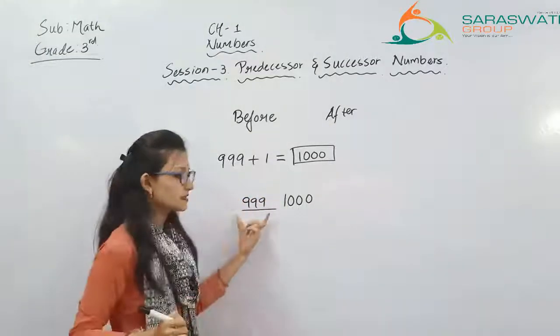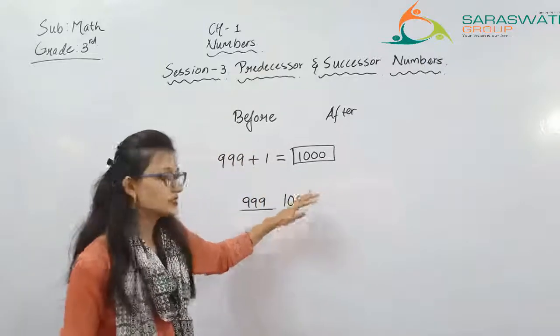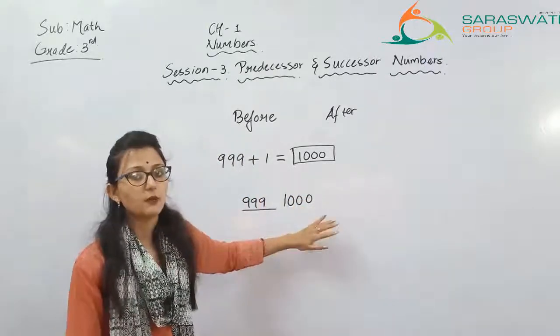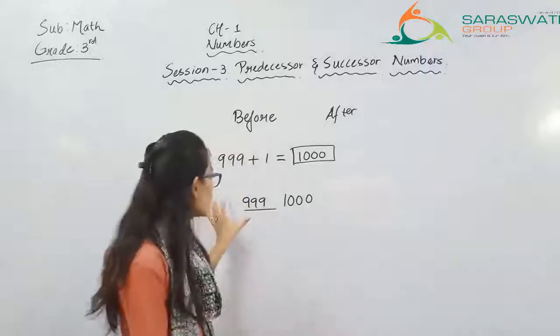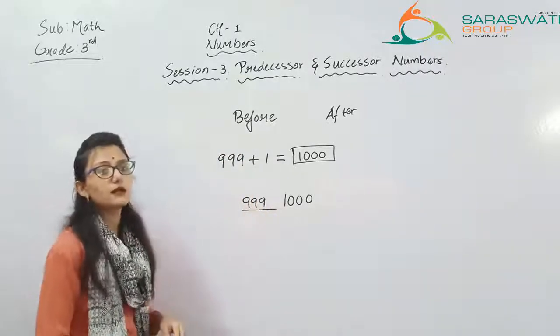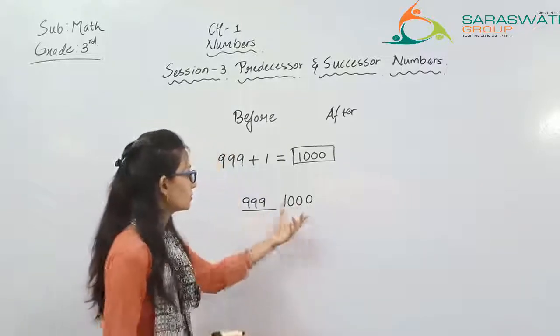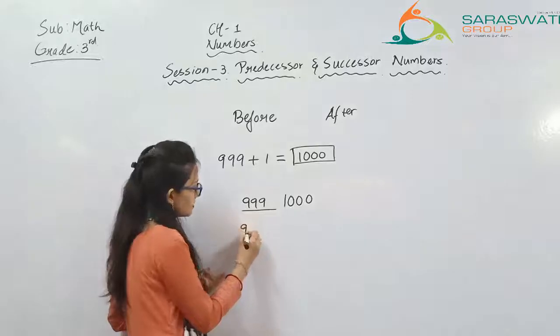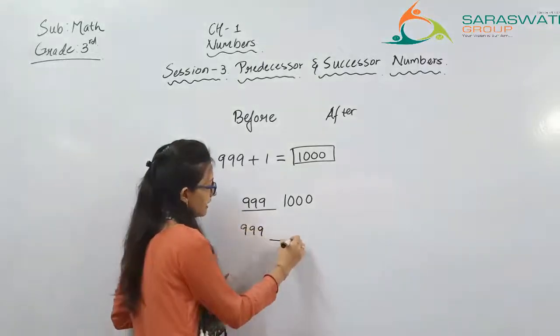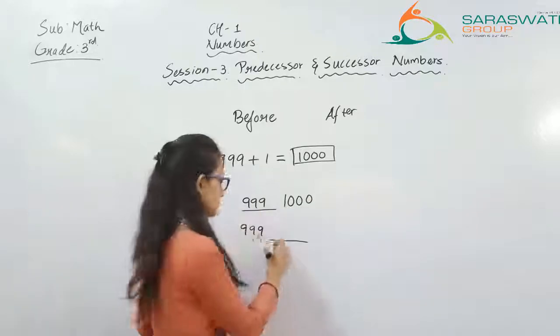999 is the greatest 3-digit number, and the smallest 4-digit number is 1000. Now if I want to know the successor number of 999, what would it be? It would be 1000.